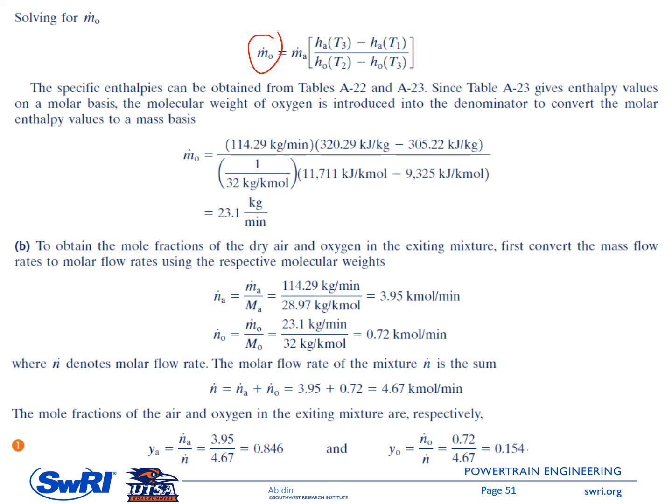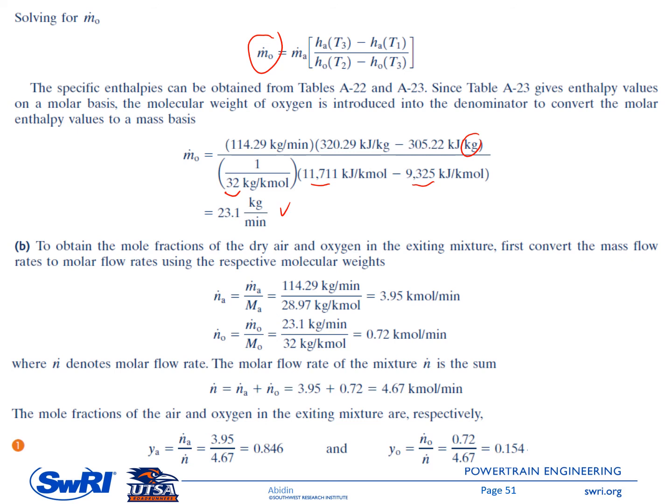So you will get the mass flow rate of oxygen of 23.1 kilogram per minute.